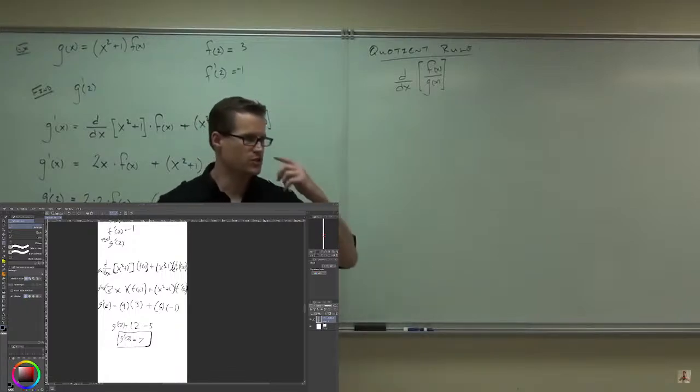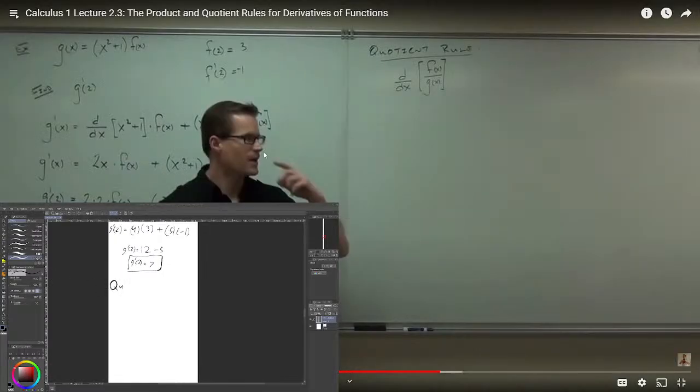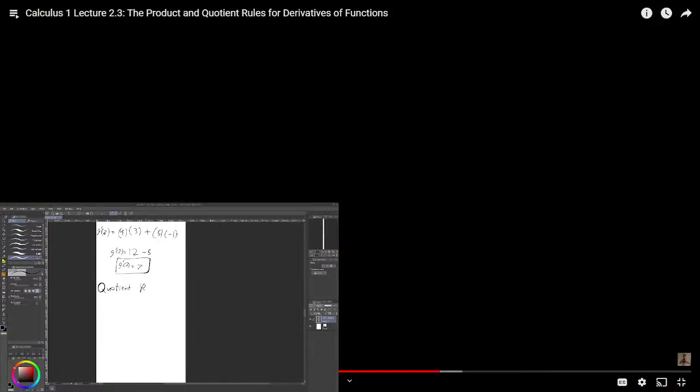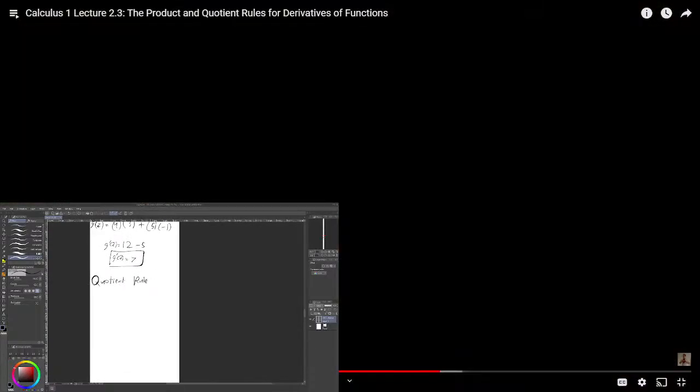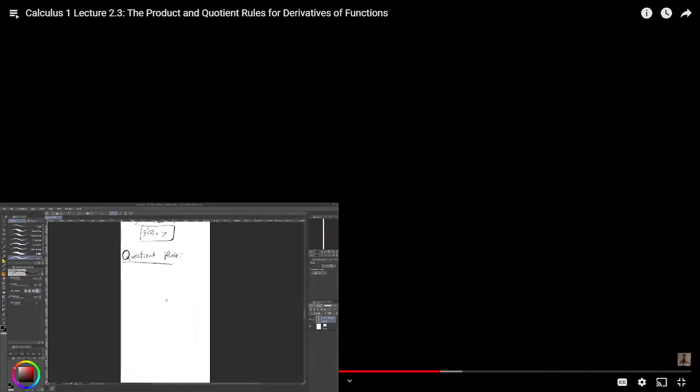That's what this question is asking. Well, yeah, I guess you can, but it's going to be in a special way. You have to do it like the product rule.